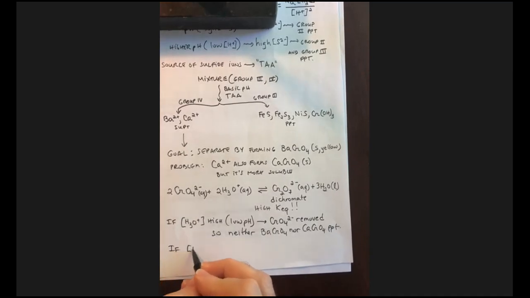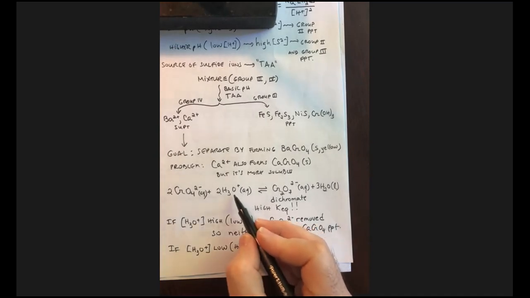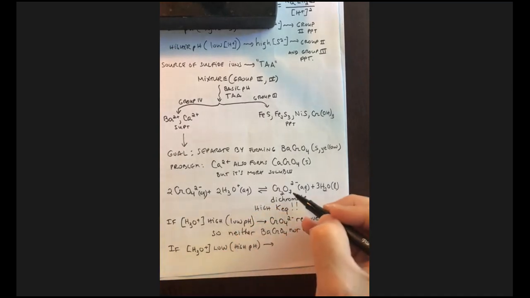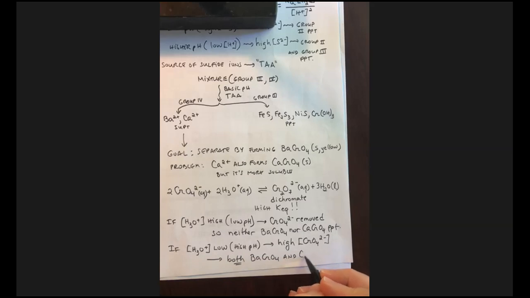If this concentration is too low, in other words, we have a high pH, then since this component is lower, this equilibrium comes back to the left, and therefore you have a high concentration of chromate ions, which means that both barium chromate and calcium chromate precipitate.